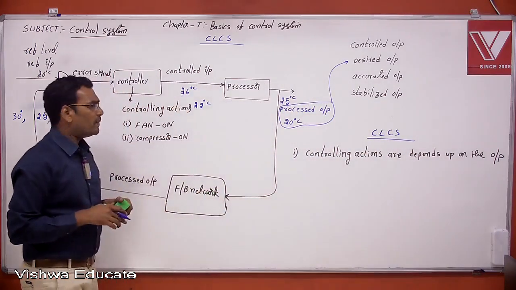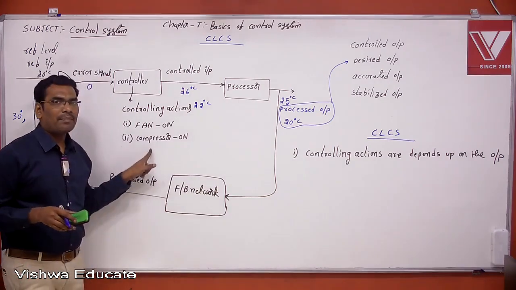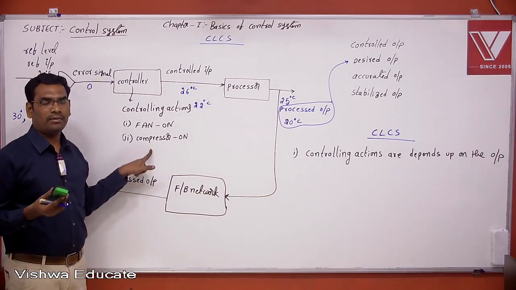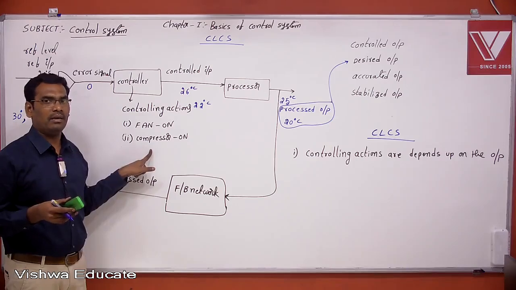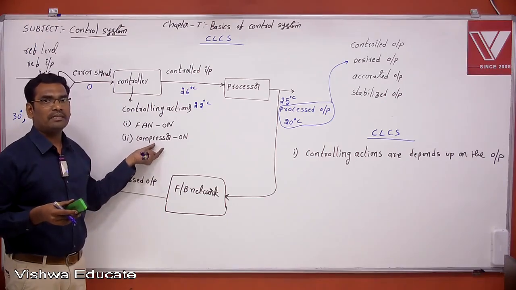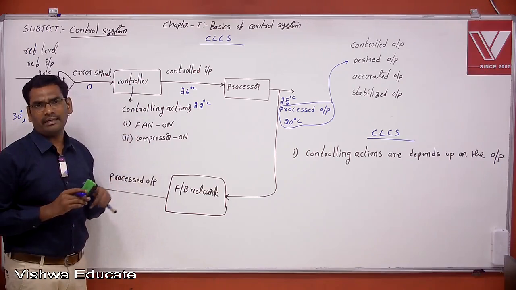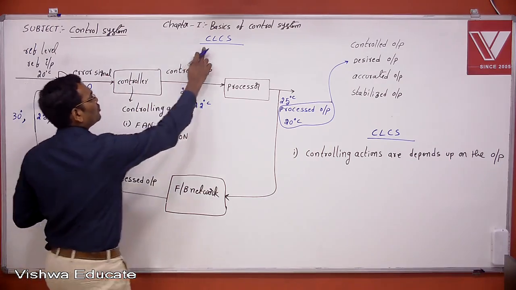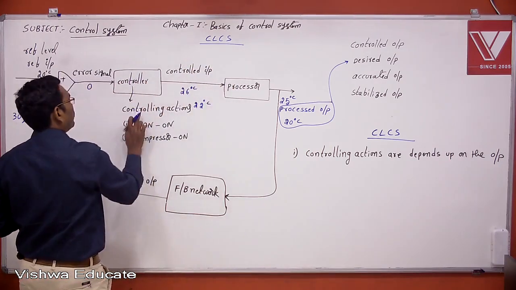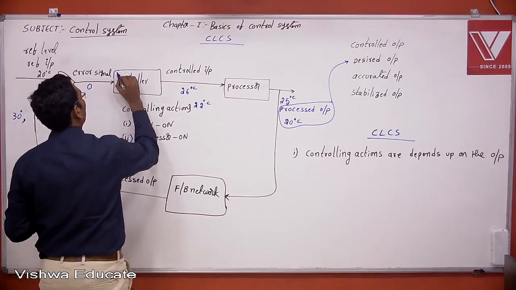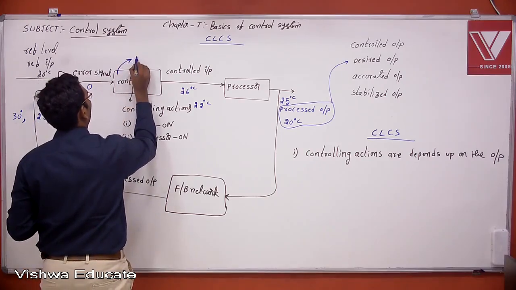And one more thing, we cannot say compressor is on, compressor is off. No, this is automatically done. Compressor on, compressor off, that is automatically done. Therefore, in a closed loop control system, the controlling actions produced by the controller are fully automatic.